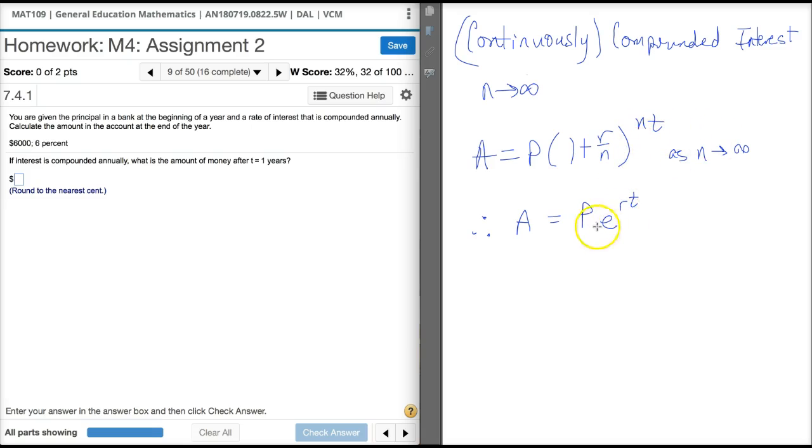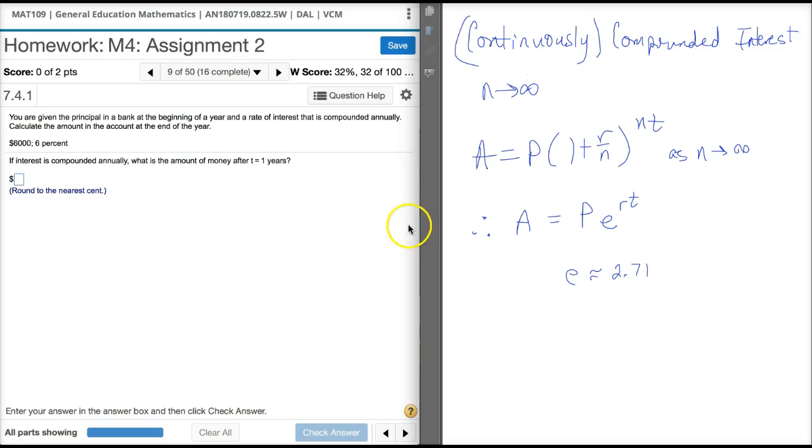where e is an irrational number that's approximately equal to 2.71 that shows up a lot in anything that exponentially grows or exponentially decays.